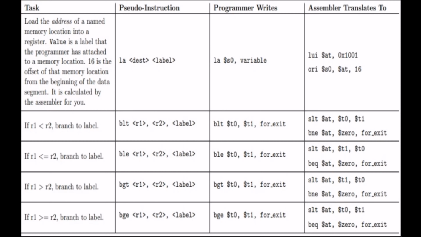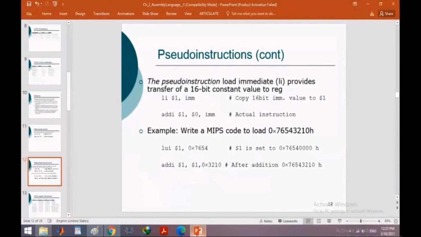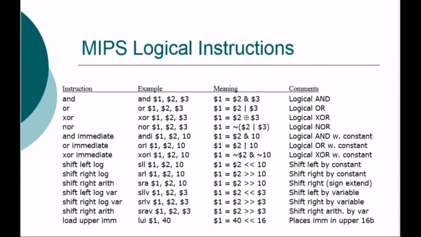You will see it, and then branch not equal. The result of the previous statement will be checked with 0 and the label that we want to go to. So this is the instruction that you can use in your code, branch less than, but the assembler will translate it into the real instructions.